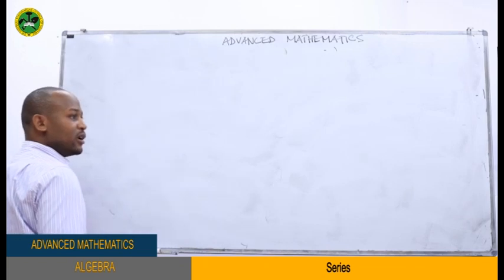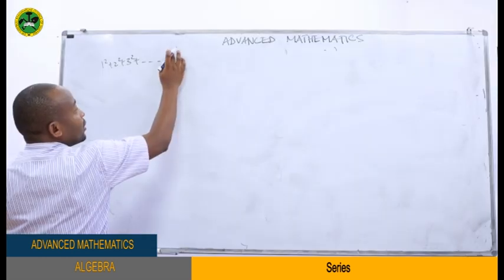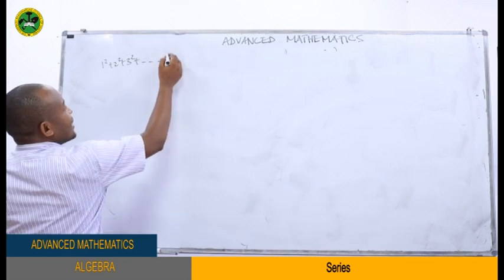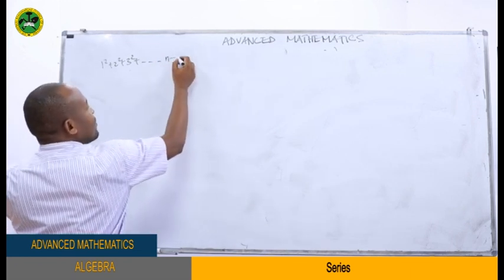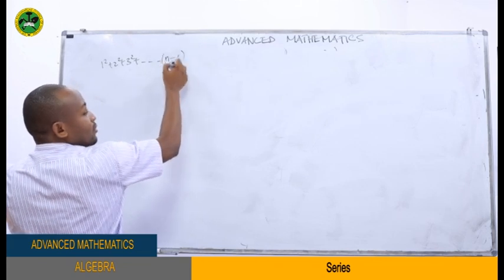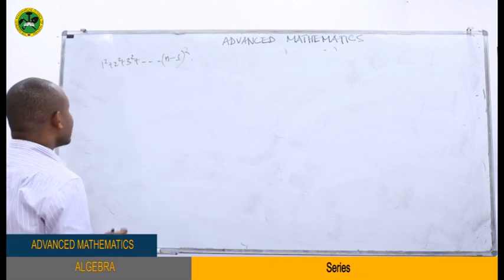I will remind you from that example, 1 square plus 2 square plus 3 square plus down to the nth term, we are supposed to have n square. But there we have n minus 1, and all of this is squared. So how can you solve an example like that?